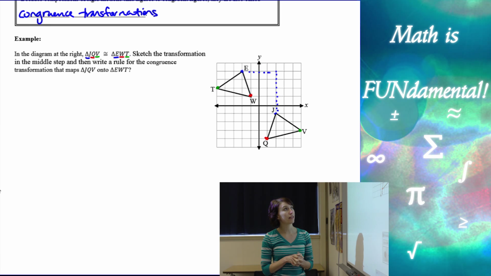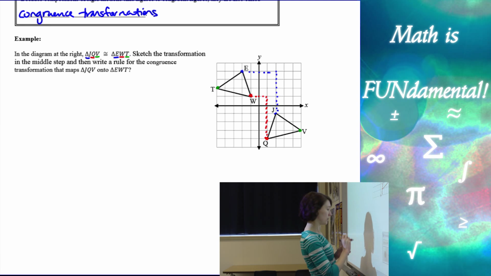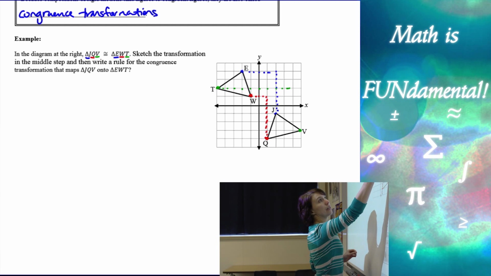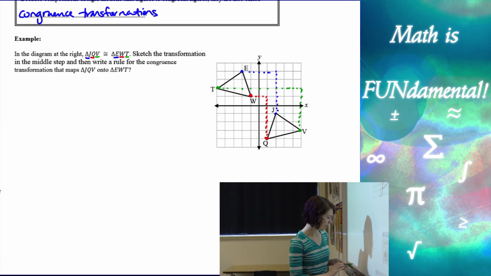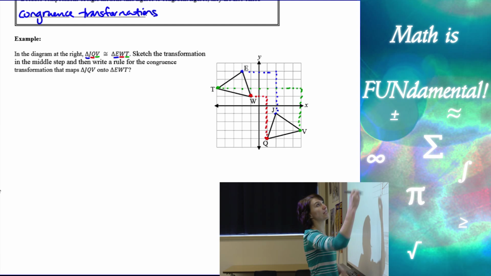Let's see. All right, so I drew my little things. I think I want to reflect it first and then translate it. I think that might be my best bet.